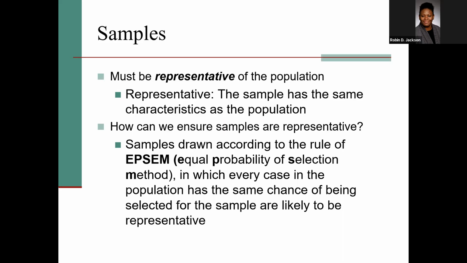So note that this method is not a guarantee of representativeness, and that EPSEM and representativeness are not the same thing. Okay. The thing to keep in mind is the equal probability of selection method is basically something that helps reduce the likelihood of getting a sample that's unrepresentative. It's a method, okay? It is not representativeness in and of itself. These are not the same thing.